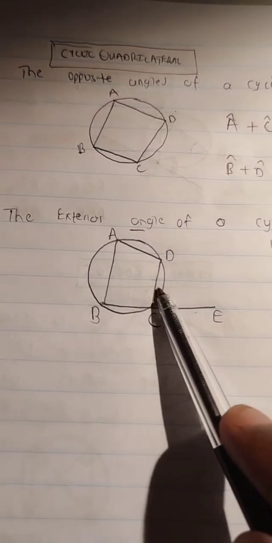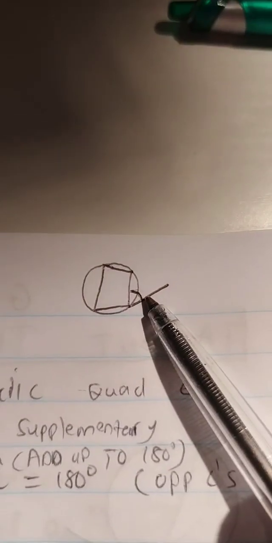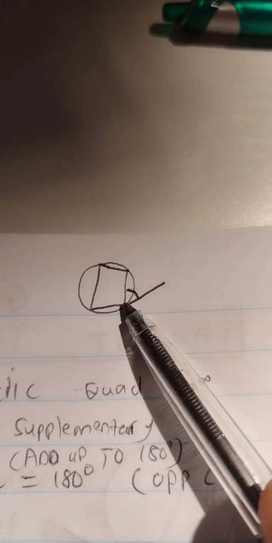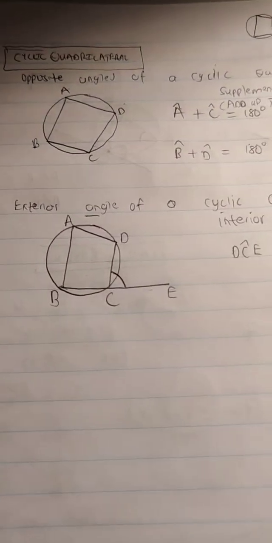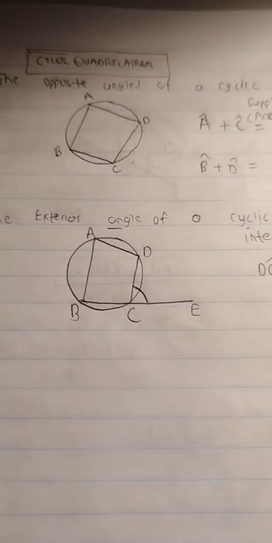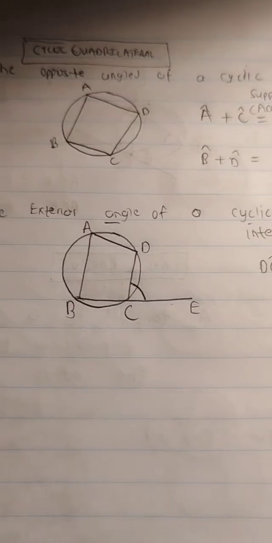So this is a true exterior angle. But this here, if you look at this side, it's not truly in line. It's not in the same straight line. So therefore, this here does not form the true exterior angle because it's not in line with the side of the quadrilateral. So always check those things, because there's true exteriors and there's false exteriors.